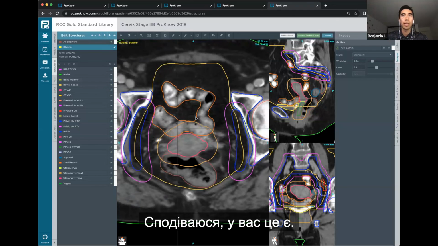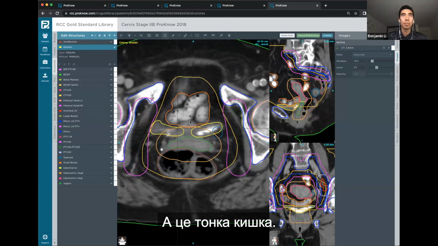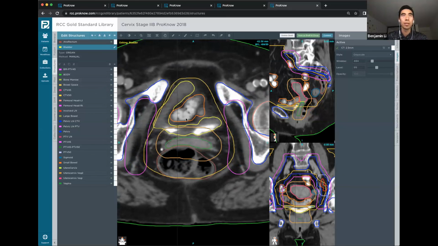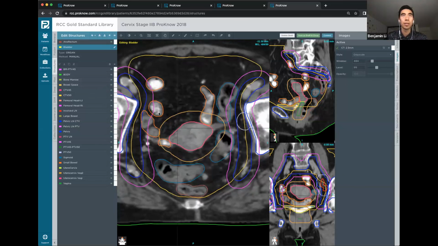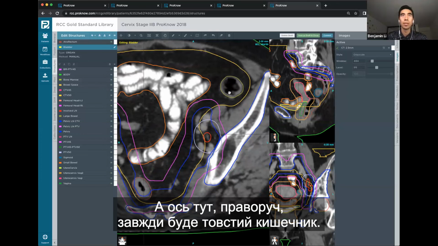Hopefully you guys all have that. And then this is small bowel. And then this over here on the right, this is always going to be large bowel.